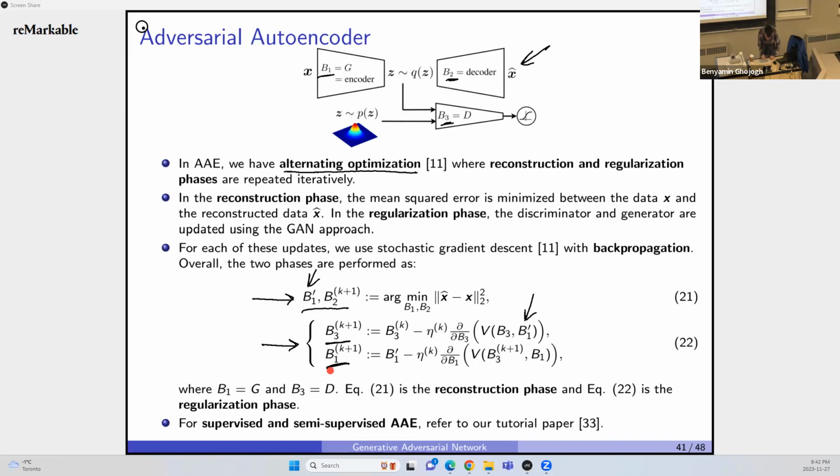But at the end, I will have this. So B1 is updated twice. These are called reconstruction phase and regularization phase. We can also have supervised adversarial autoencoder and semi-supervised adversarial autoencoder. For that, see our tutorial paper.